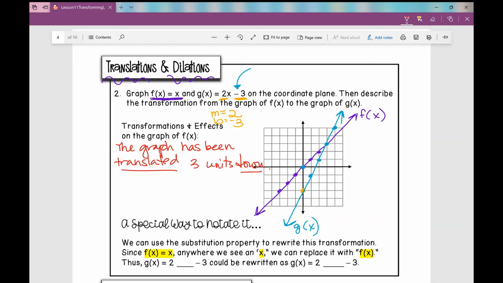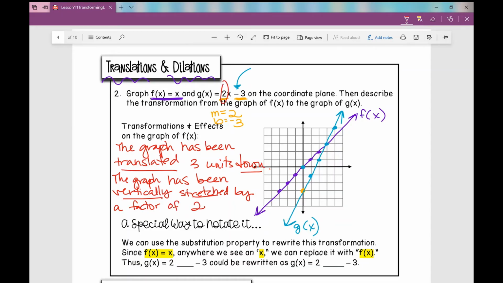What else happened? The graph has been vertically stretched by a factor of what? Vertically stretched by a factor of 2. That's how you say that. It's been vertically stretched by a factor of 2.